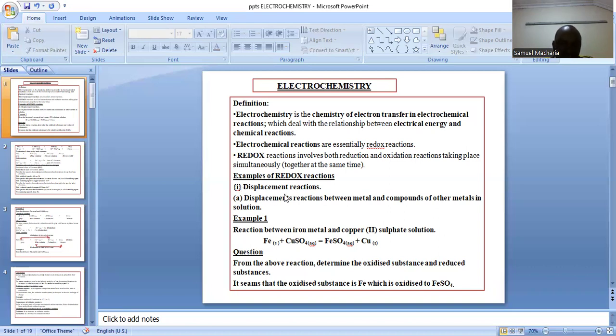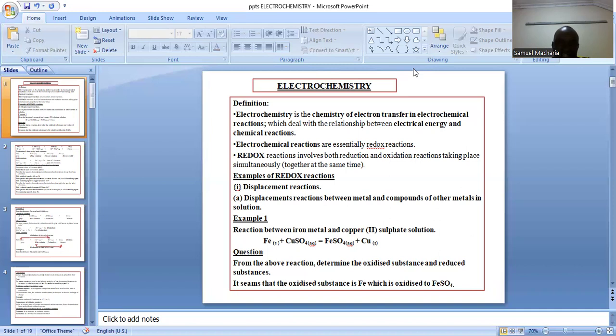The first type is the displacement reaction between a metal and compounds of other metals in solutions. Example 1: the reaction between iron metal and copper 2 sulfate solution.